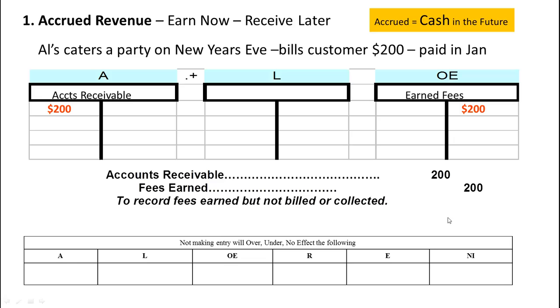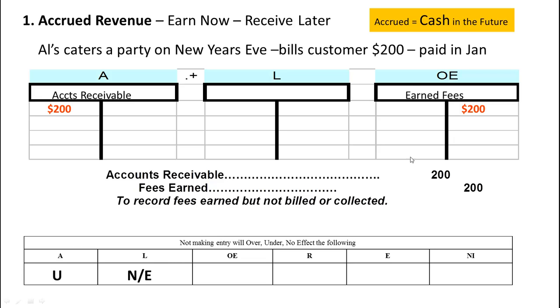And then this is what's really important, understanding what's going to be wrong with each of these pieces of the accounting equation if you don't make this entry. For example, what's wrong with assets? They're going to be understated. What's wrong with liabilities? There's no liability involved in this entry, so liabilities would have no effect.